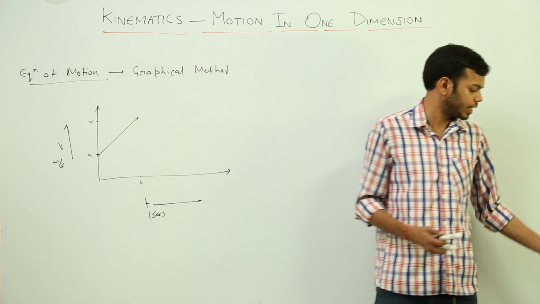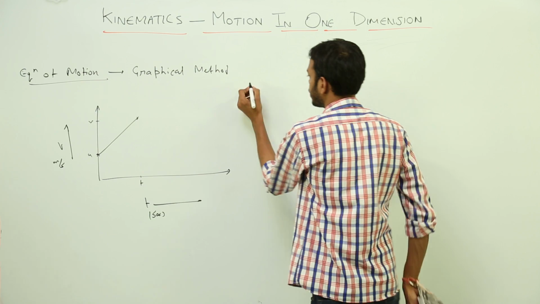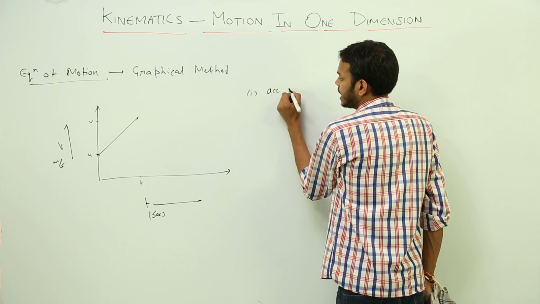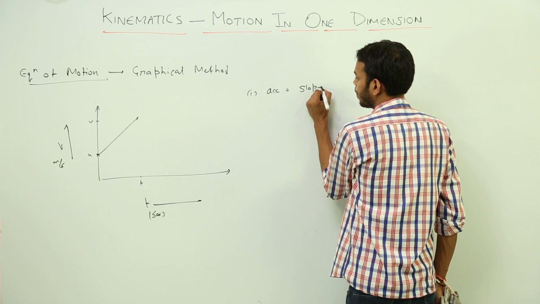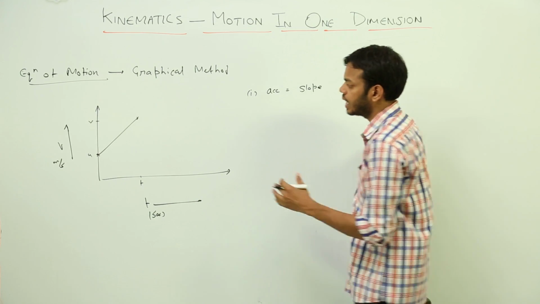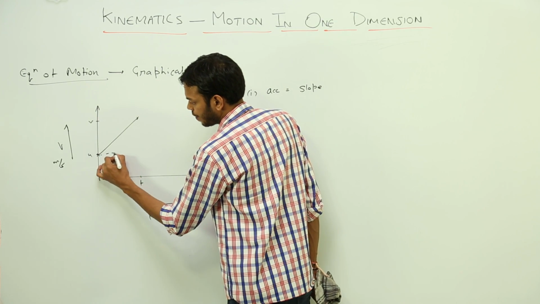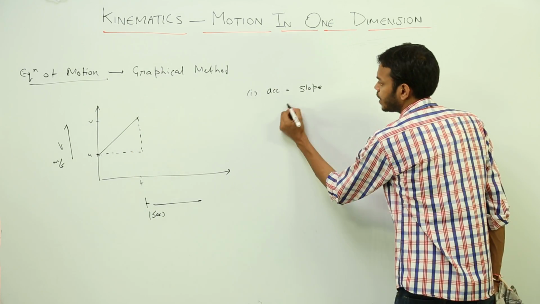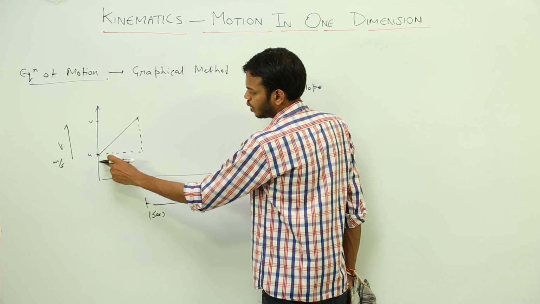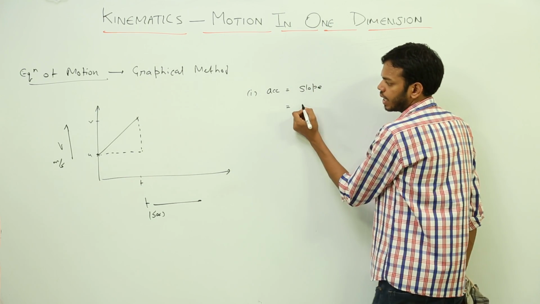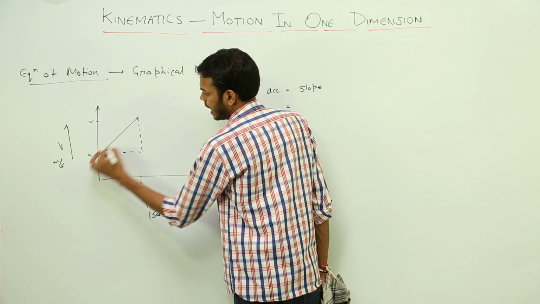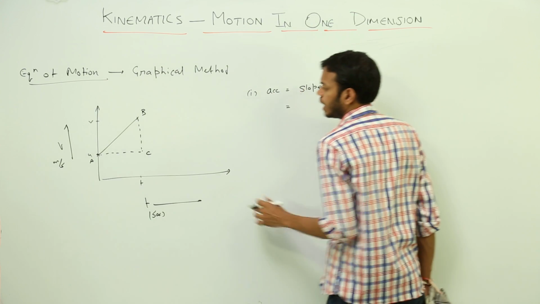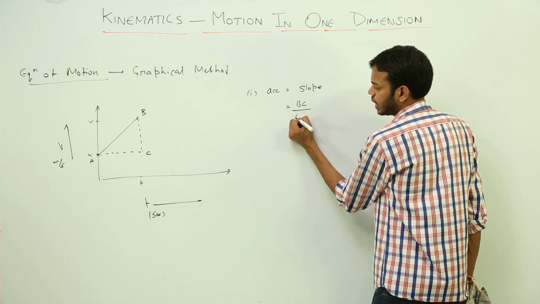I want the acceleration. Acceleration is given by the slope, which is tan theta. So the slope of this line from here to here, equal to tan theta, will be equal to height over base. If I write it as triangle ABC, it will be BC upon AC.